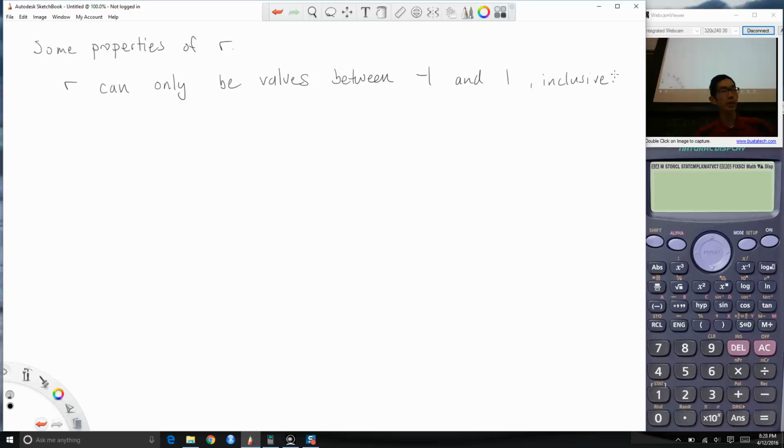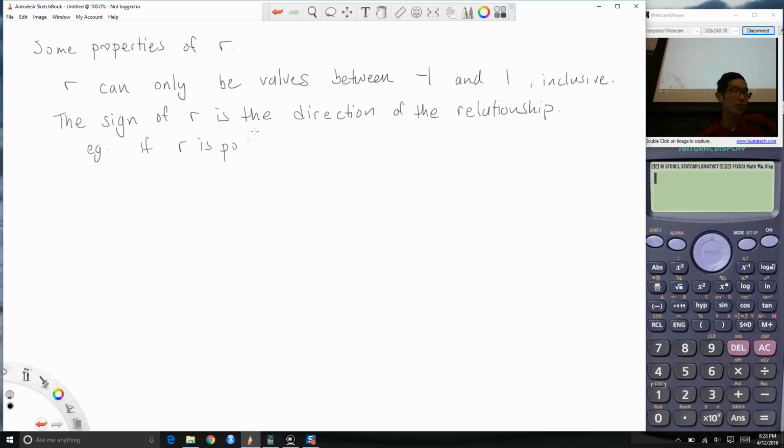The sign of R is the direction of the relationship. So for example, if R is positive, then the relationship has positive direction.